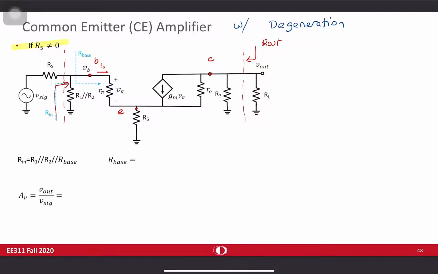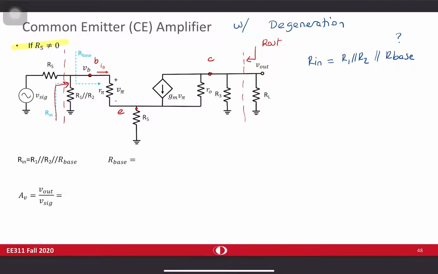For finding Rin, I can write Rin as R1 in parallel with R2 in parallel with R base, which I need to find, which is not known in this case.